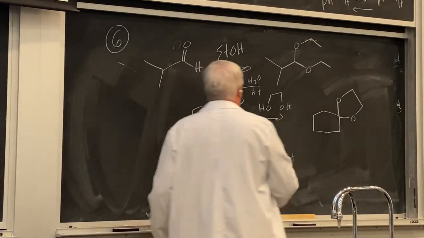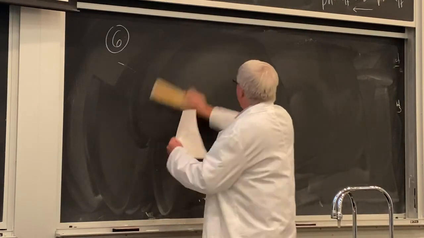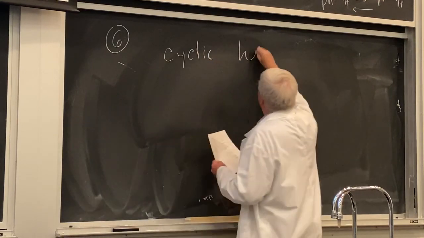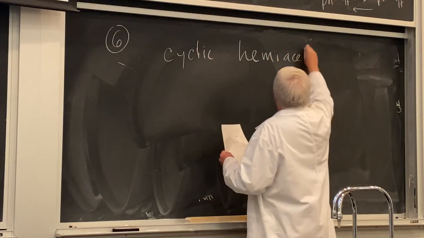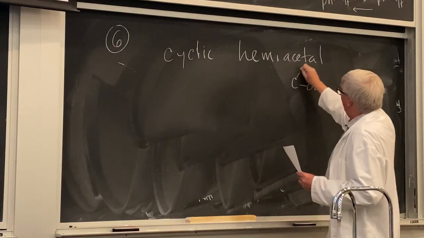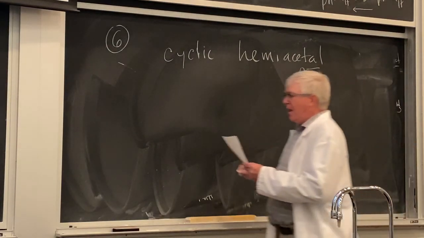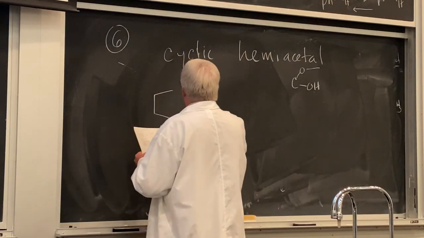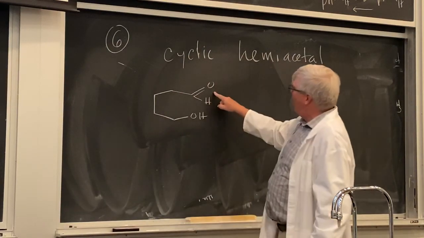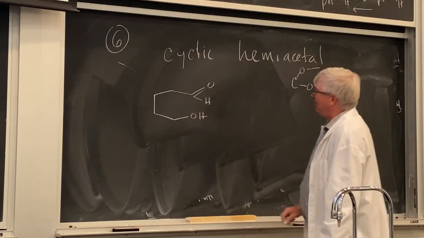Let's look at cyclic hemiacetals now. What's a hemiacetal? Well, that's a carbon with an ether and an alcohol on it. And they're favored when we have this type of substrate. So here's an aldehyde with a carbon tether and then an alcohol within the same molecule.